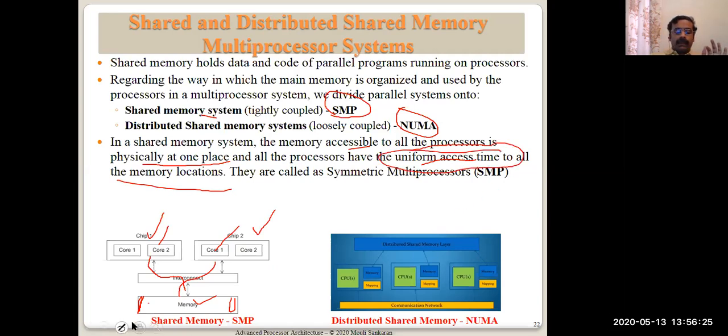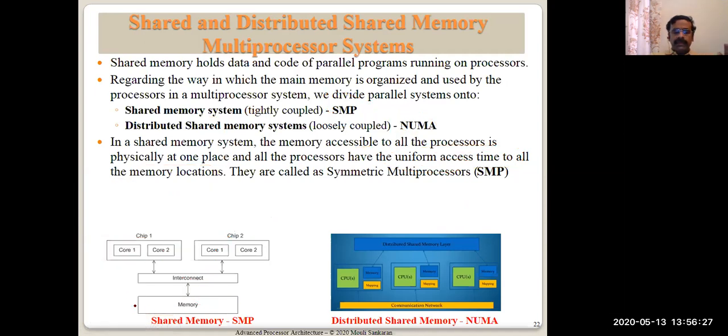Because physically they are in one place and it's a random access memory, it will have the same access time irrespective of the location of the memory. So it doesn't matter which processor is accessing which location, it will see the same number of cycles to access it.